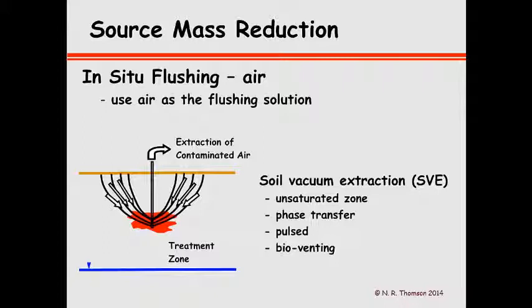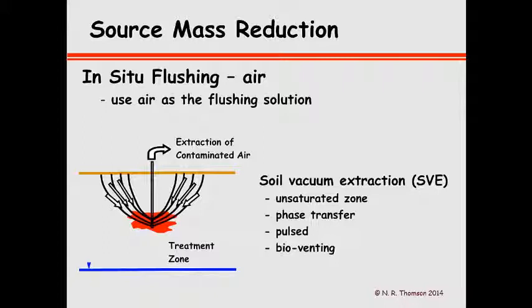In situ flushing with air. Here we have a case where our source zone is above the water table and we put in an extraction well and we pull on the extraction well, and that will cause atmospheric ambient air to pass through the source zone, and that is called soil vacuum extraction, or SVE.